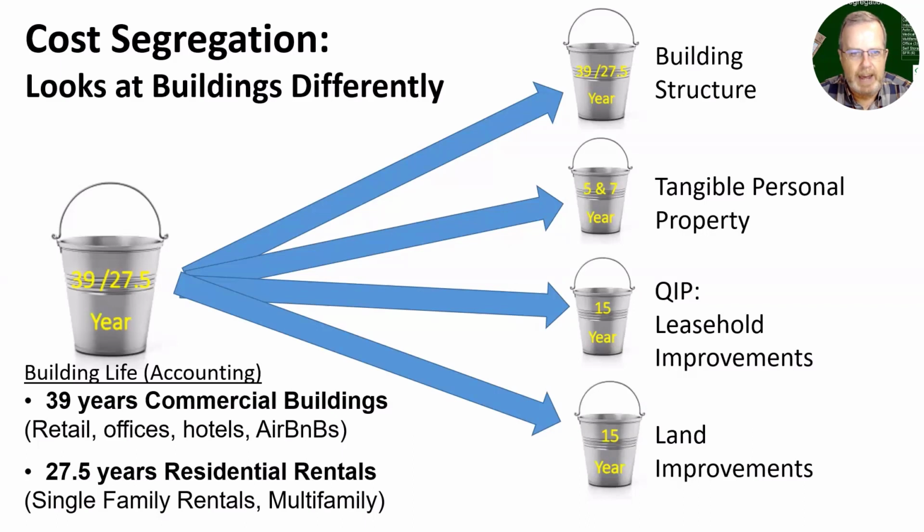So once you do that, that means you can take that depreciation and record it sooner, and that's called accelerated depreciation, which is just to differentiate it from straight line. We talked about everything going in one bucket. When you break it down into its component pieces like this, it's called accelerated.